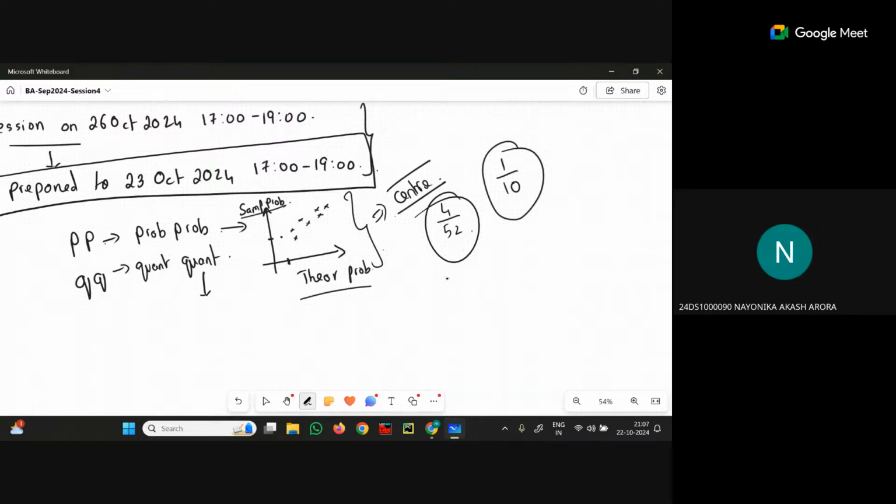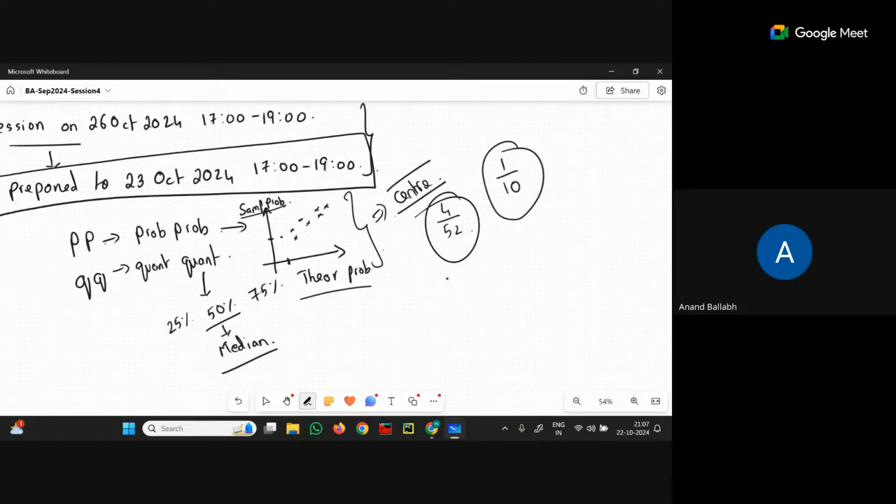Wait. I think 3 then. There are only 3. So you have 25 percentile, you have the 50 percentile, and then you have the 75 percentile, which are the 3 quantiles. In this, which is called the median? 50. Q2 is called median. This is the median.